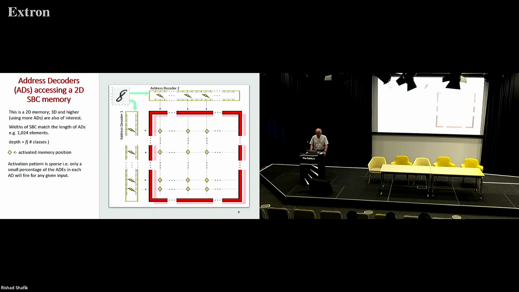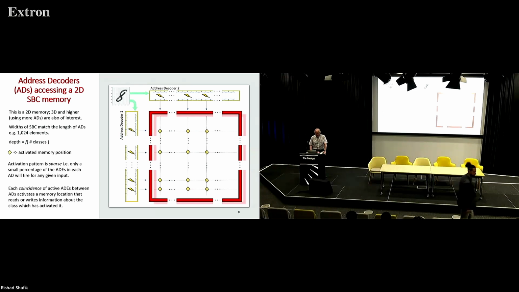And that means that in terms of the number of active memory locations, it's sparse squared, if you like. If 1% of the rows and 1% of the columns are active, then it's 0.01% of the memory locations that are activated for any particular input.